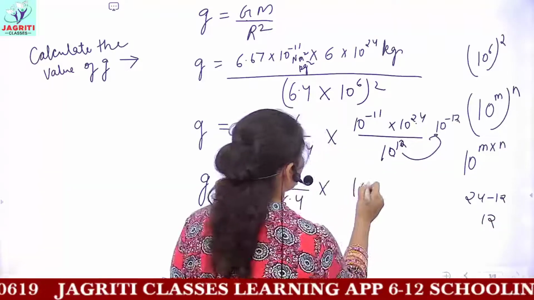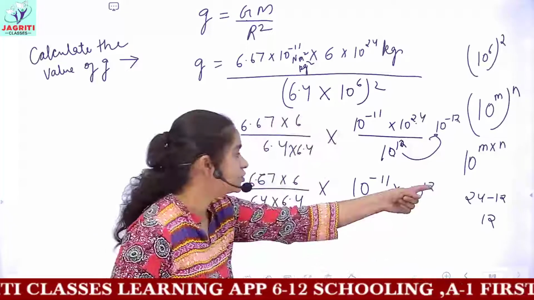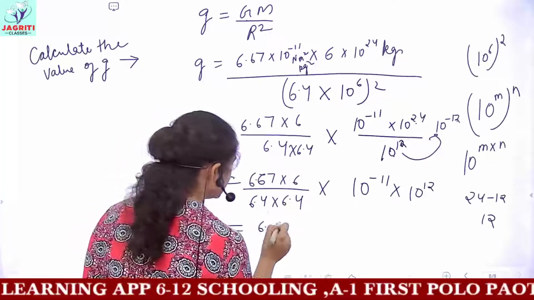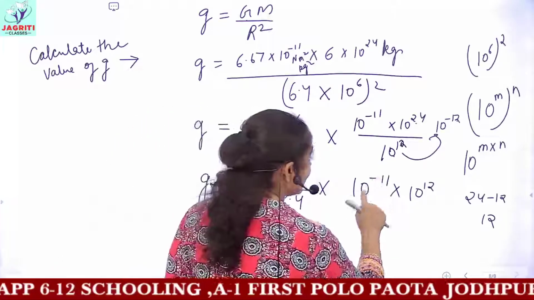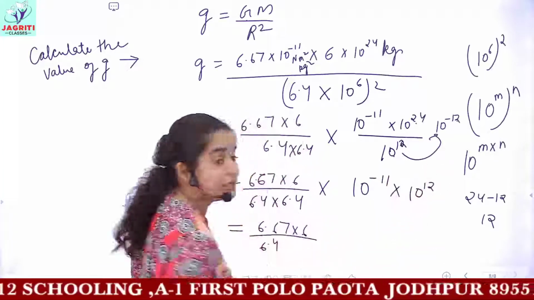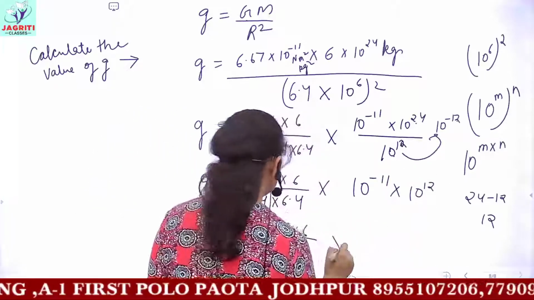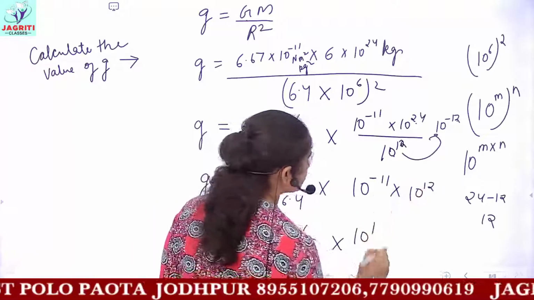Then I would have 10 raised to the power minus 11 and 10 raised to the power 12. I hope you know how to solve the power questions. The exponent terms, 10 raised to the power a multiplied by 10 raised to the power b, would be a plus b. So this would be 10 raised to the power 12 minus 11, which is 1.